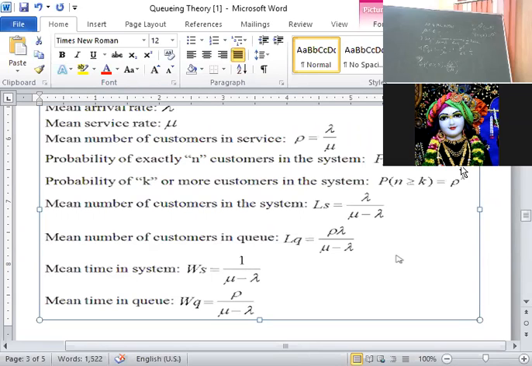Whenever you are considering system, you have to consider waiting time plus being served time, both the times. But here, the fourth question, the probability that there are 2 machines in the waiting line, means they are waiting in queue but not being served yet. That is the meaning.